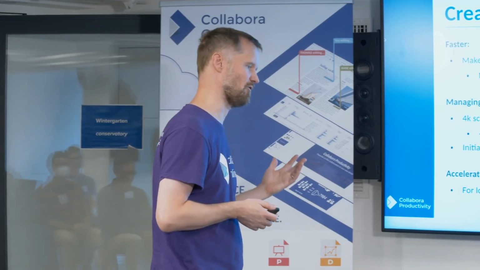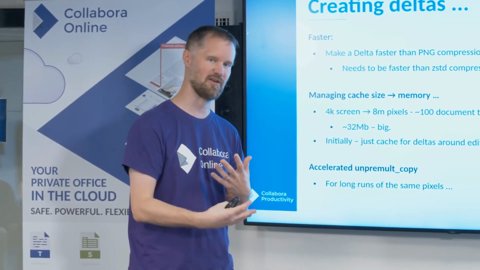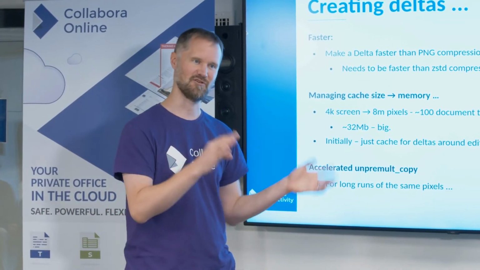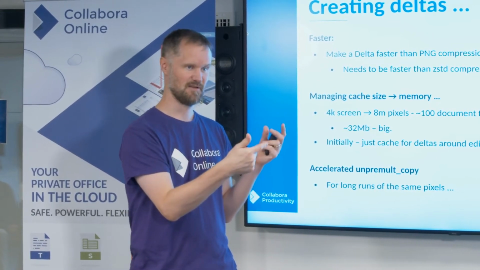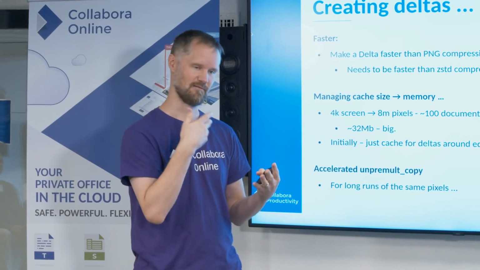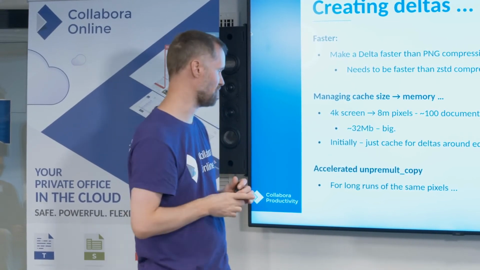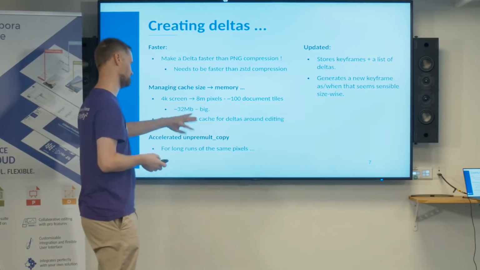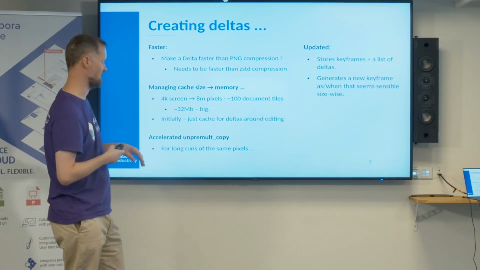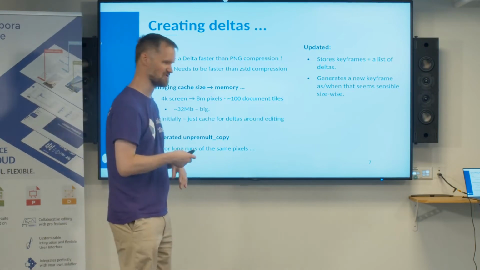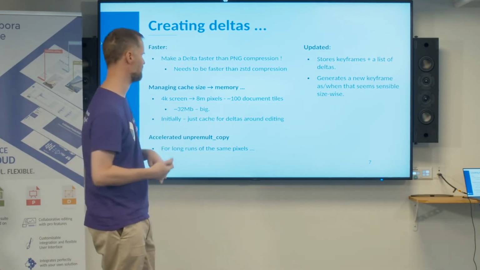But unfortunately, all of the web standards, whilst underneath they're using pre-multiplied alpha, pretend not to. Pre-multiplied alpha basically does the maths in advance so that alpha blending can be done much more easily. You save arithmetic during that. So we have to unpre-multiply it to send it on the wire. And we did some optimization there for long runs of the same pixel. Let's not do the same maths again and again.